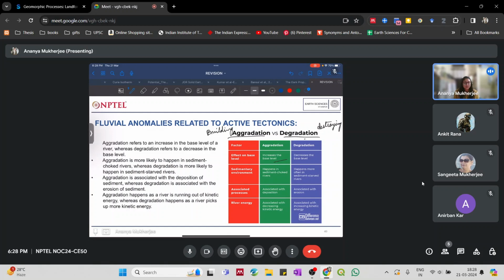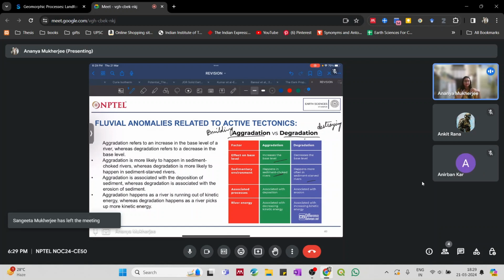Mostly when a lot of sediment is being carried by the river, aggradation can happen more dominantly. Degradation happens in sediment starved rivers. When there is not much sediment present, the rate of flow of the river is higher, and it can erode more and degrade more.